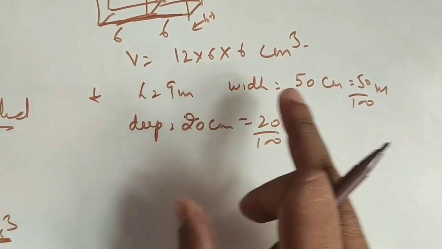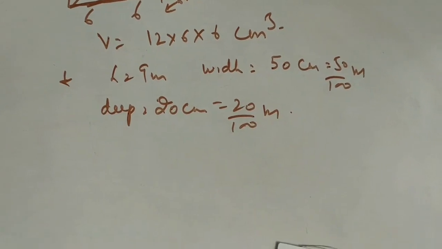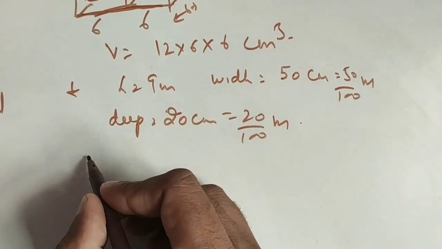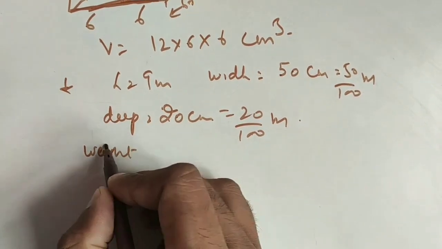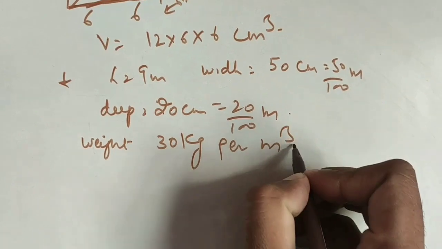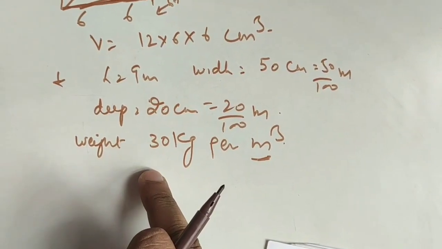So now we have length is 9 meter, width is 50 by 100 meter, depth is 20 by 100 meter. It is made up of wood which weighs 30 kg per meter cube. In 1 meter cube of this beam, weight will be 30 kg.